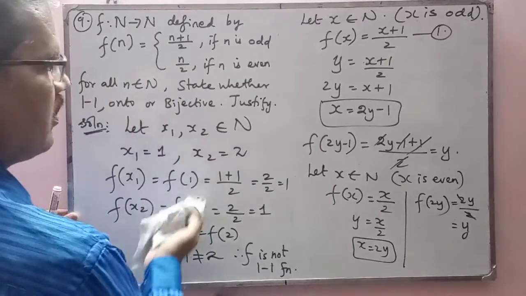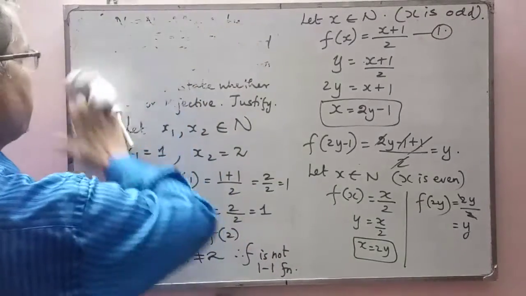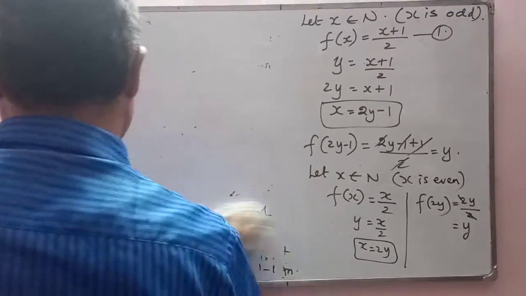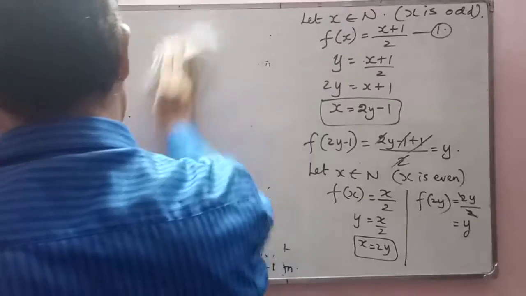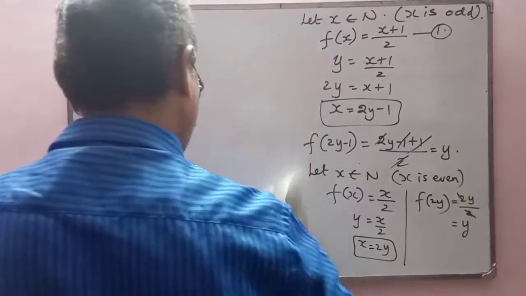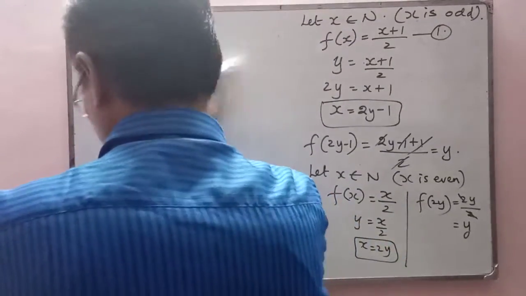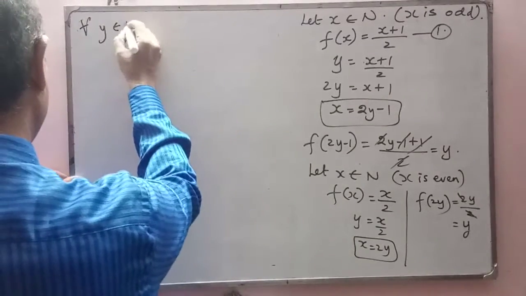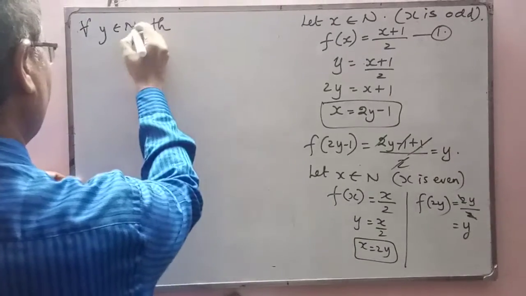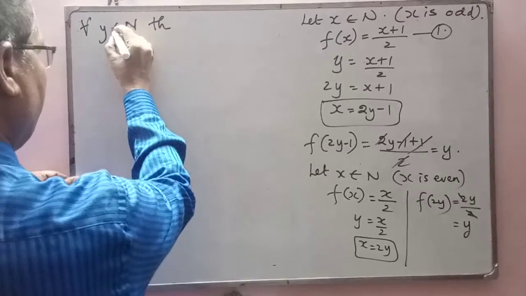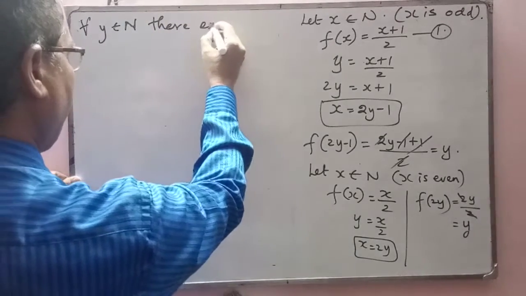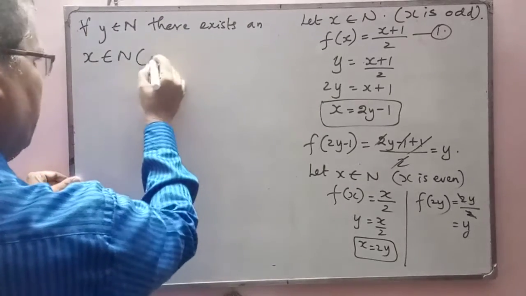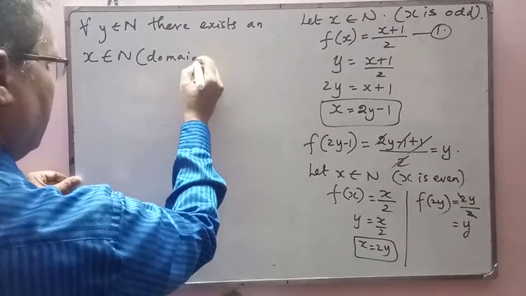Okay, children. Let us continue that. For every y belongs to N, I mean the codomain, there exists an x belongs to N. Here I mean domain, there I meant codomain.